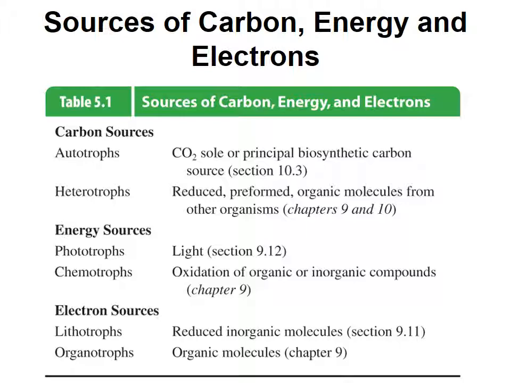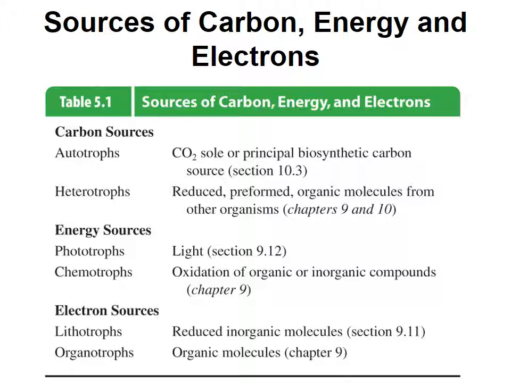Organotrophs will obtain their electrons from organic molecules. So now looking at these three different subheadings, we can apply this to classifying any living organism according to nutritional type. That is, according to where they obtain carbon, energy and electrons.